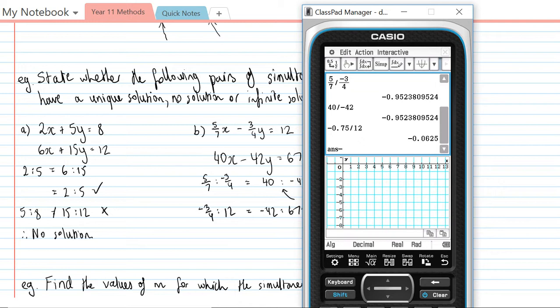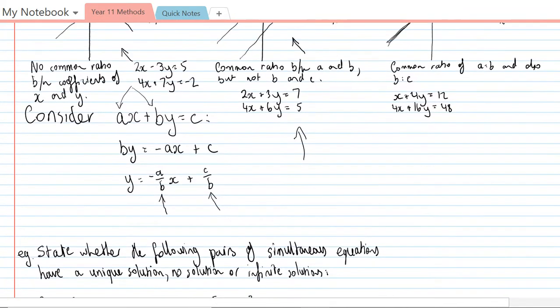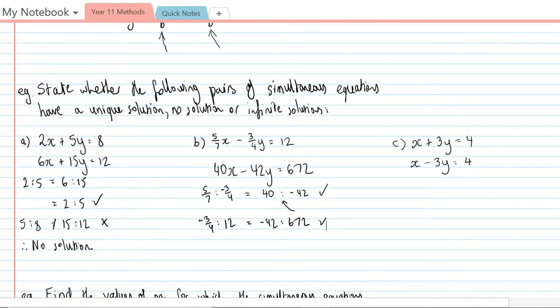And then negative 42 divided by 672. Okay, so they are again in the same ratio. So this ratio is true as well. And so now we have both ratios occurring, which means we are dealing with infinite solutions.